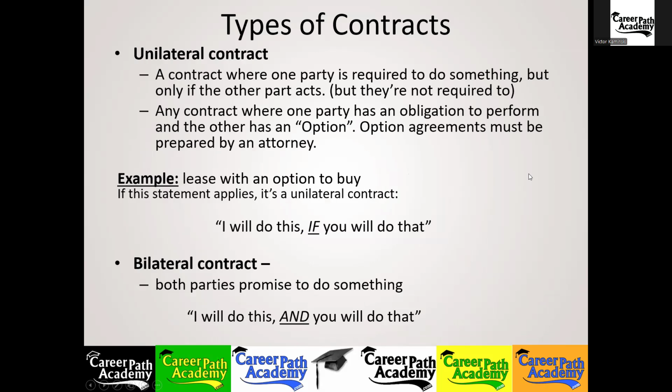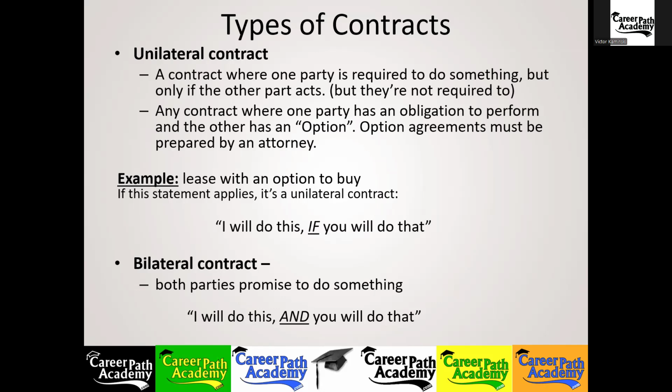Now, unilateral contract, uni means one. It's a one-sided agreement. So a contract where one party is required to do something, but only if the other party acts. However, they're not required to. A contract where one party has an obligation to perform and the other has an option to is another way to word that. So option agreements must be prepared by attorneys, not by real estate licensees. Otherwise, you're practicing law without a license.